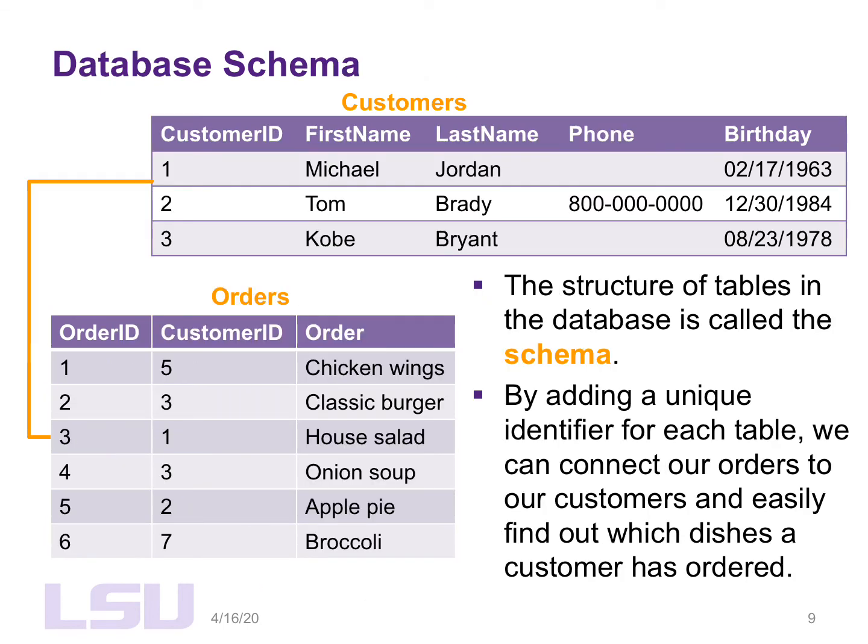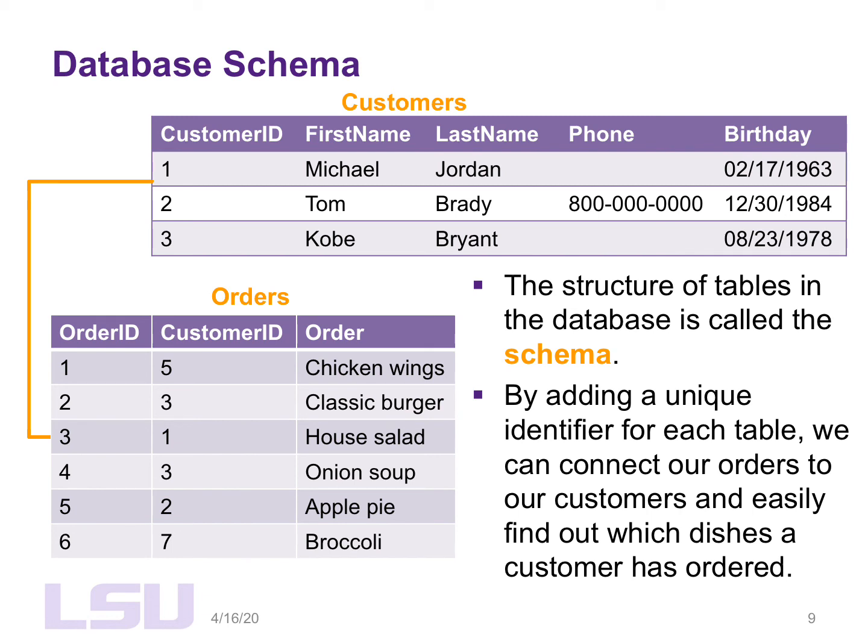The structure of tables in a database is called a schema. So when you hear of database schema, yes, it refers to the structure of the tables in your database. By adding a unique identifier for each table, we can now connect the customers table to the orders table. What is the unique identifier?